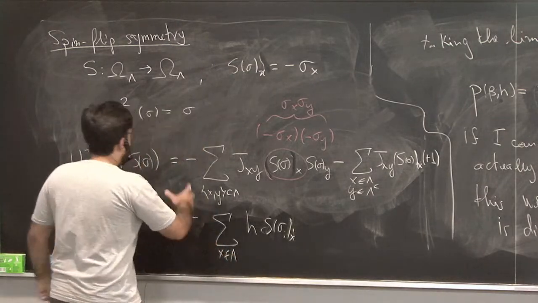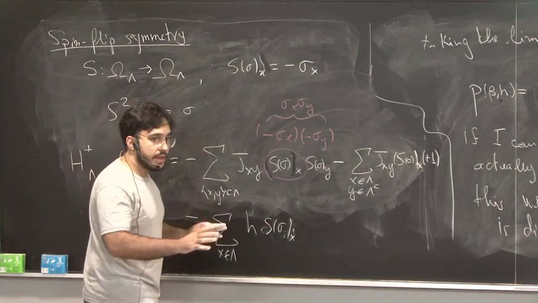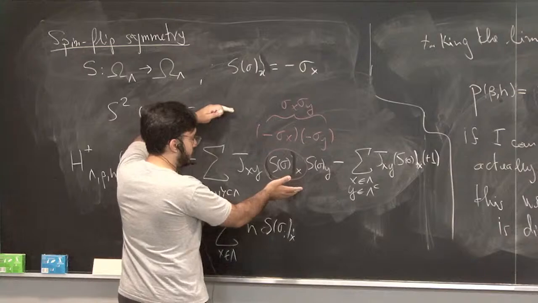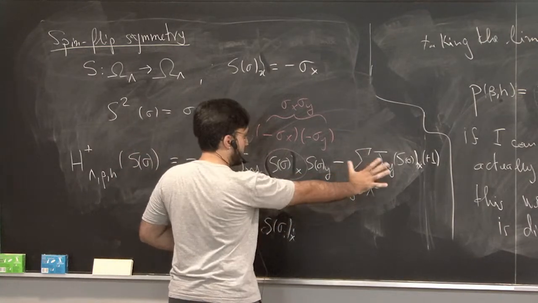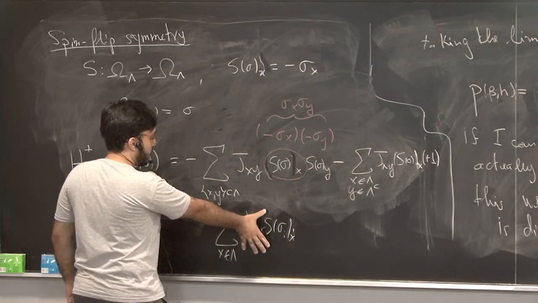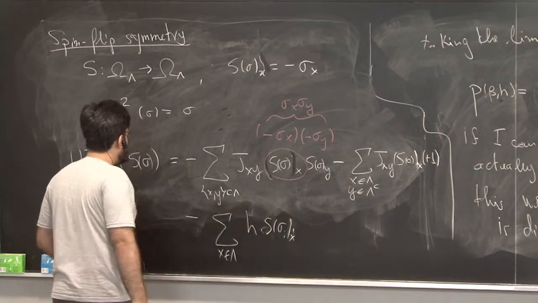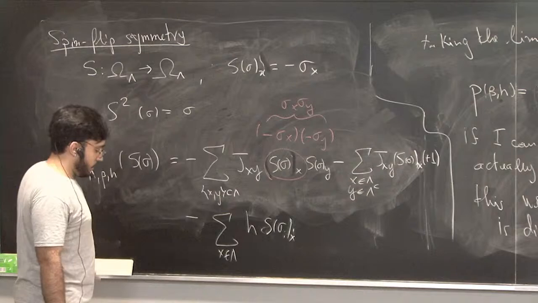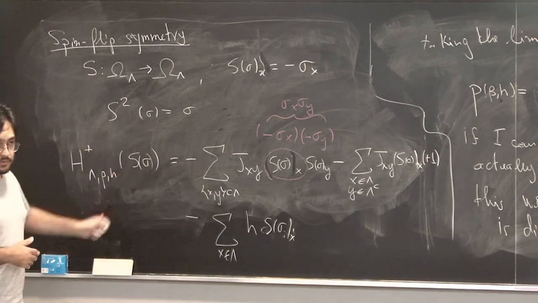If this Hamiltonian only had this part, the empty boundary condition part, so we don't have the boundary term and we don't have the field term, just the empty boundary condition and the field equal to 0, then the spin flip would be a symmetry of the Hamiltonian.